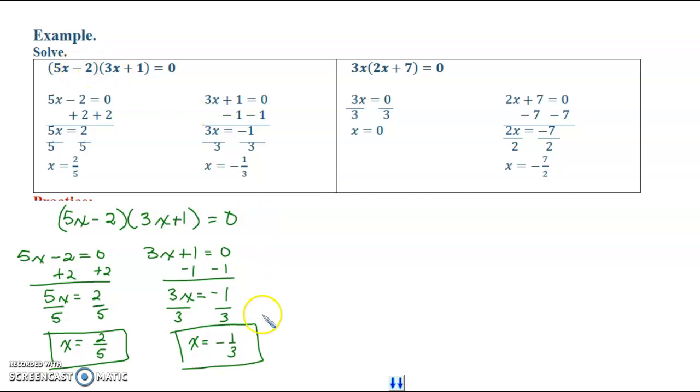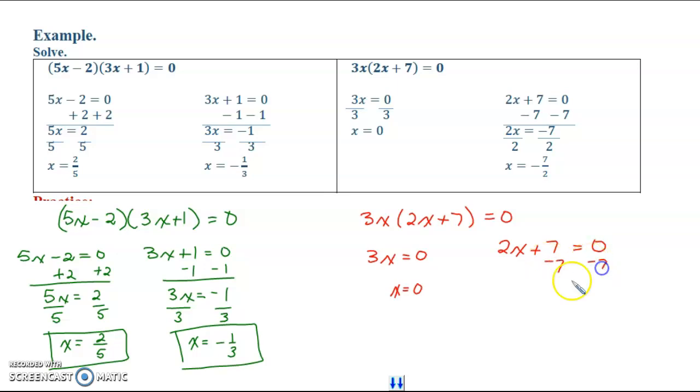Let's try that again. So I have 3x times 2x plus 7 equals 0. And I have two terms. I have this term, and then I have this term here. One of them has to be 0. Well, 3 times x equals 0, so x has to be what? 0. And then I have 2x plus 7 equals 0.